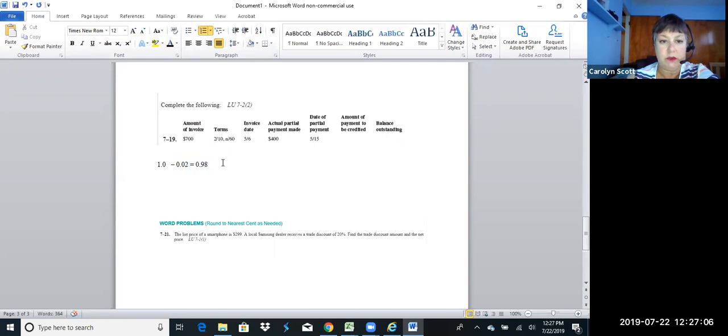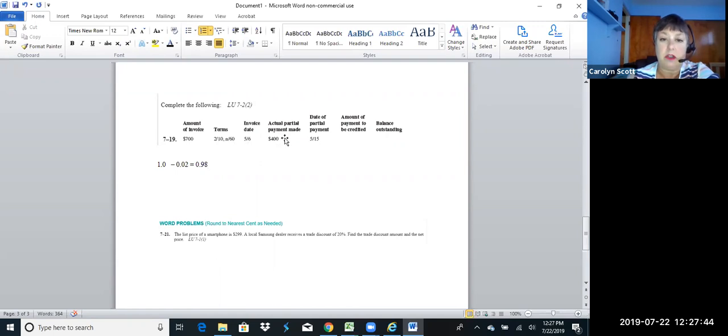So the first thing we do is we find the complement of the discount. Our invoice amount is $700. Our terms are 2% if paid within 10 days, net 60 means we must pay it within 60 days. The invoice date was 5/6, or May 6th. On May 15th, which was 9 days later, we made a partial payment of $400.